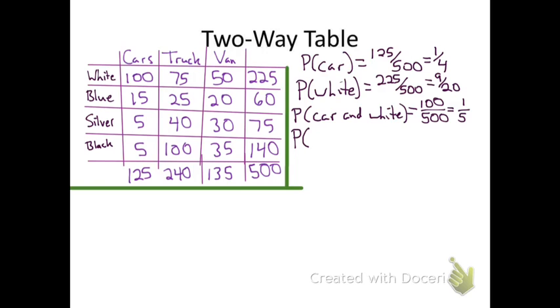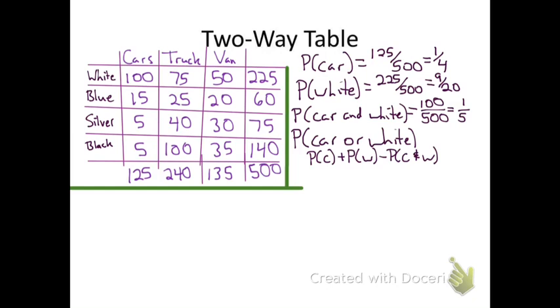Now that's different than if it was car or white. Now by these being independent events, because it really doesn't matter if a car is white, or if it's the vehicle or that it's white, we're going to use the probability it's a car plus the probability it's white minus the probability it's a car and it's white.